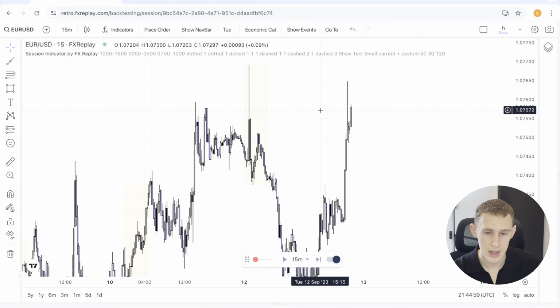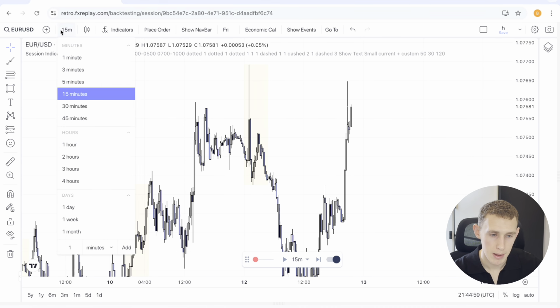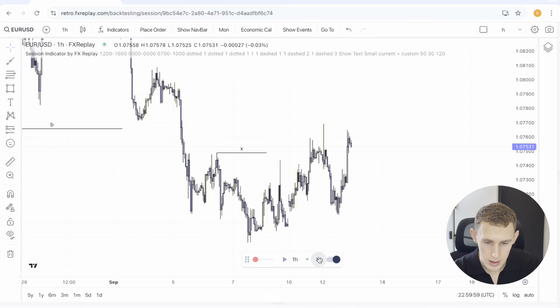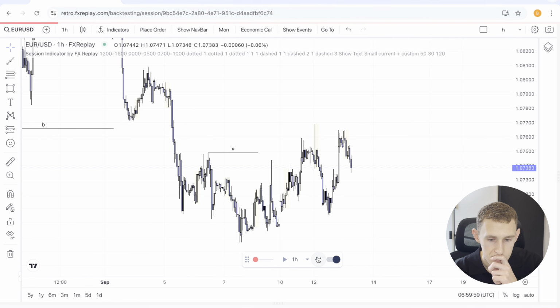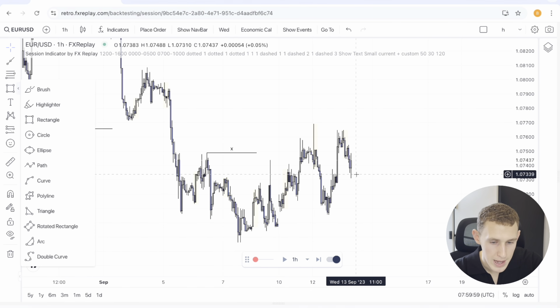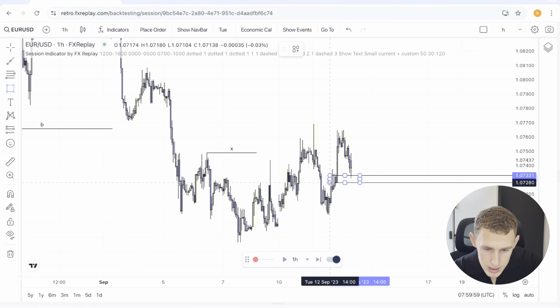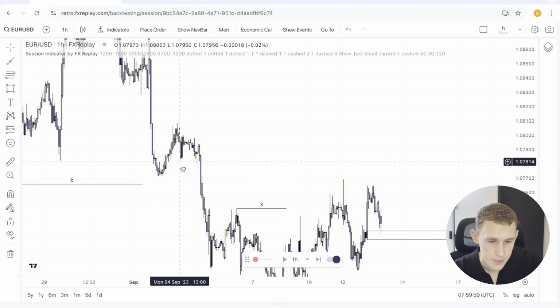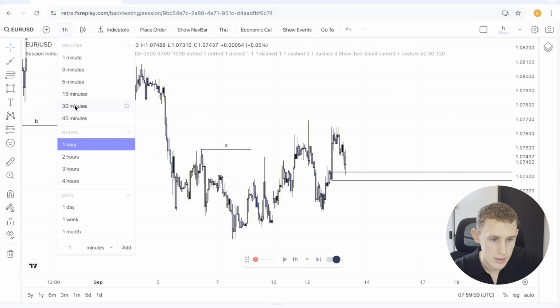Okay, cool. So now what we would expect is for price to come up and re-grab that high. Maybe we can look to buy up into it if we get a valid opportunity. So we've retested this demand, right?